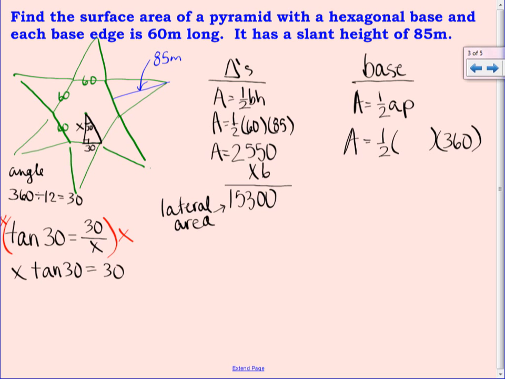Divide by tan 30. What's our apothem? 51.96. All right, so that goes here. And we can find the area of the hexagon. What do we get?